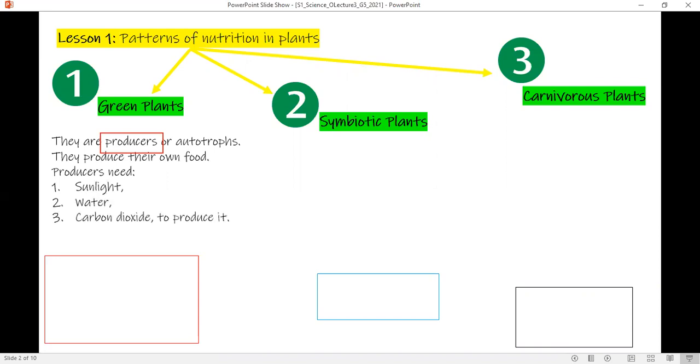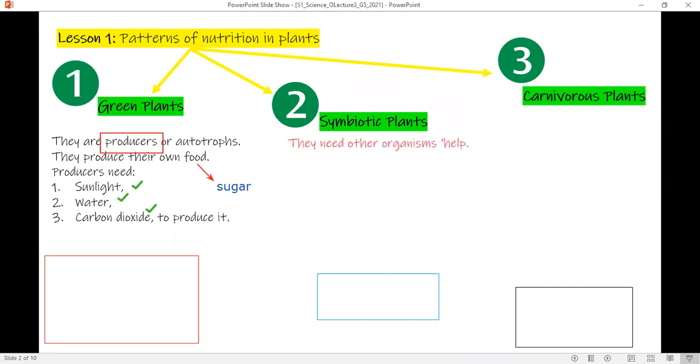They need water from the soil, carbon dioxide from the air, and sunlight energy to combine water and carbon dioxide. By this process, plants produce their own food, which is a kind of sugar, and they release oxygen into the atmosphere.